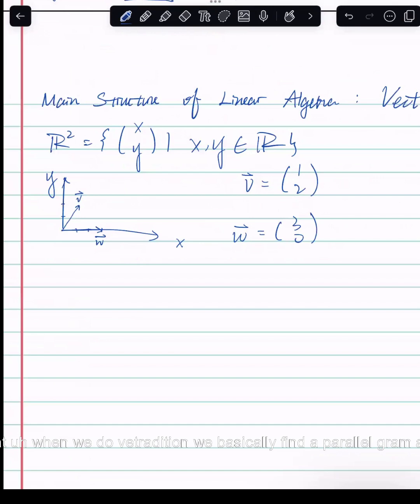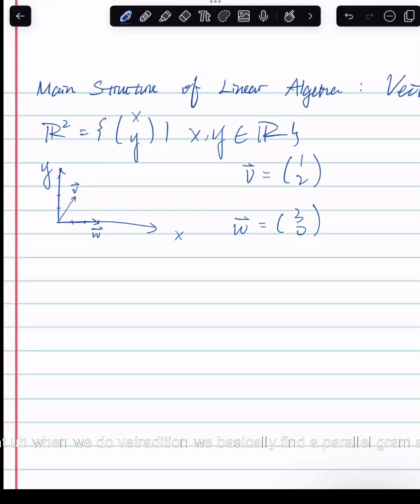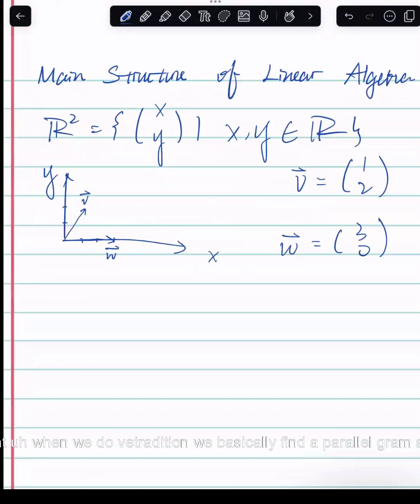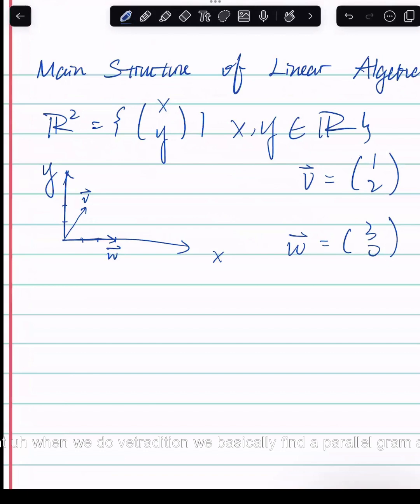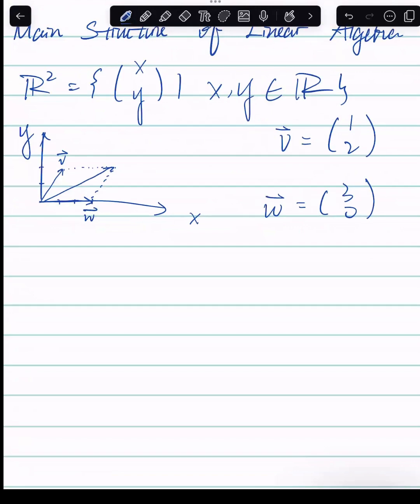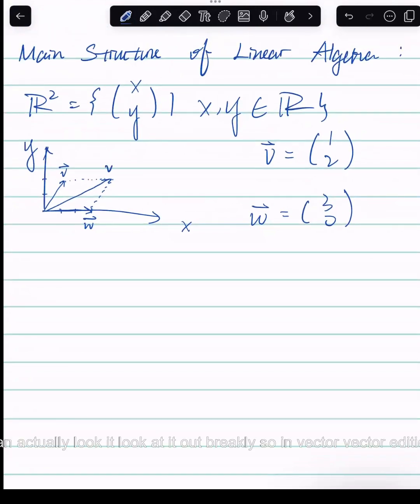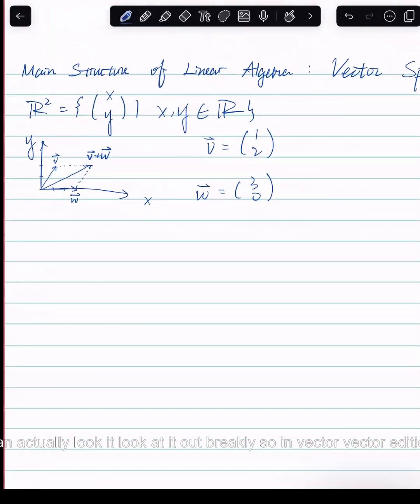Last time we said that when we do vector addition, we basically find a parallelogram and then find the diagonal. So this is v plus w. But we can actually look at it algebraically.